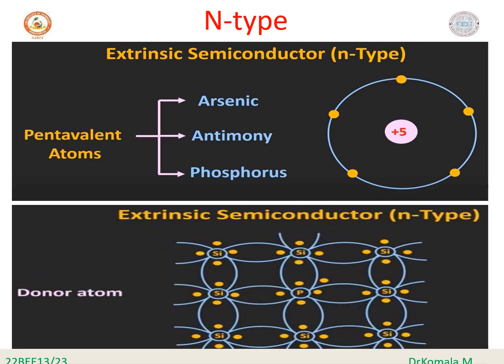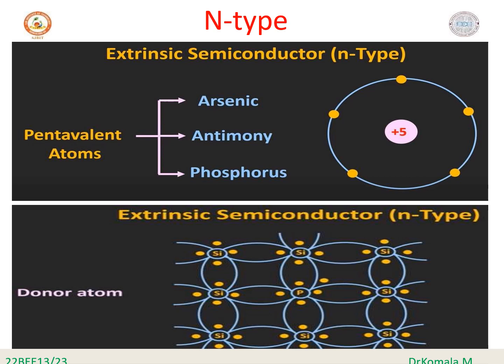Next, coming to the N type extrinsic semiconductor. Whenever we add a pentavalent atom like arsenic, antimony, or phosphorus to a pure semiconductor, which is silicon, it results in an N type semiconductor material.